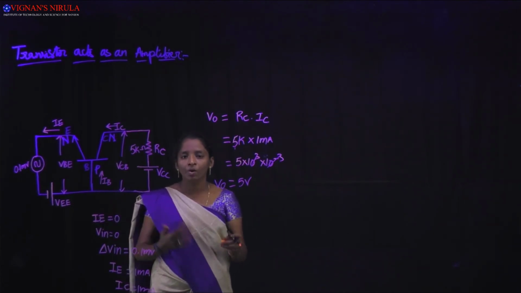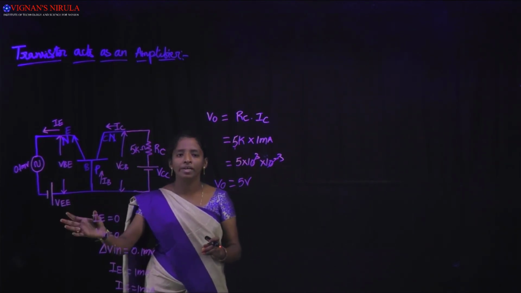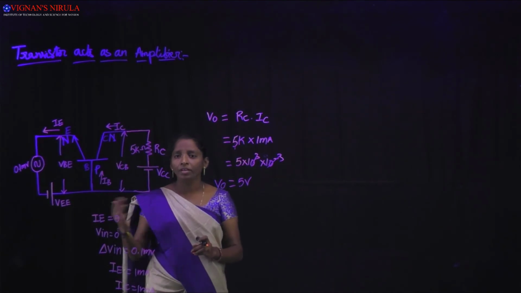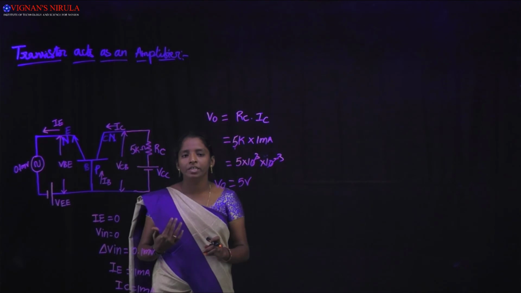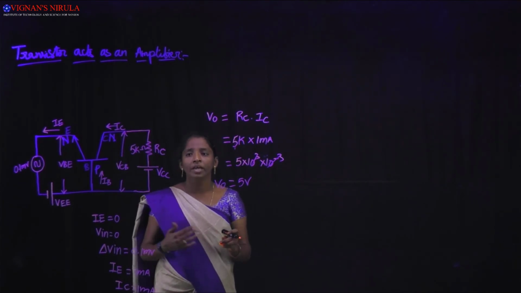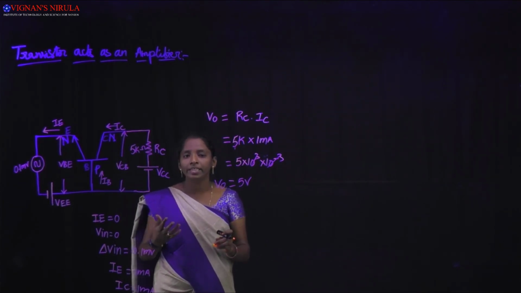So there is no amplification of the signal. If both are forward biased, at that time the transistor goes into the saturation region. So there is no amplification. Under those conditions, the transistor acts as a switch.